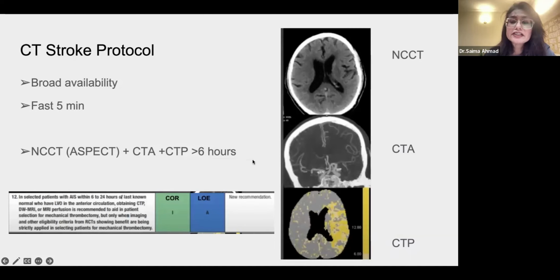We can have the CTA also, and CTP can also be performed, but the current recommendation is that if the patient comes within 6 hours, we do not do the CT perfusion because it is more confusing. It does not give added information to select the patient for thrombolysis and also for the endovascular treatment. And it should all be performed within 5 minutes.